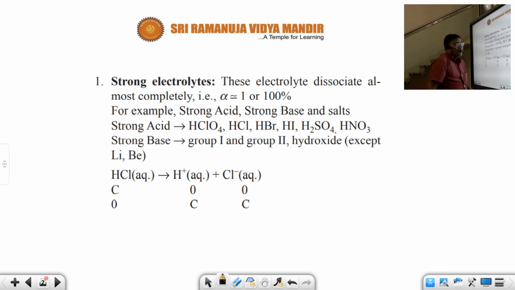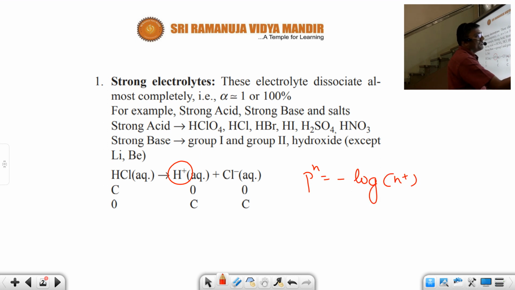Well, you are all aware ionic equilibrium is all about weak electrolytes, or weak acids and bases. Strong electrolytes get completely dissociated, so by means of H plus ion concentration for acids and OH minus ion concentration for bases, you can directly make out the pH. pH is equal to minus log H plus.